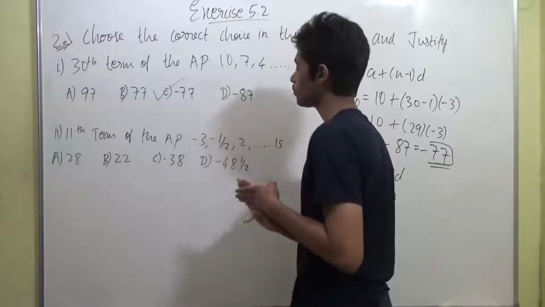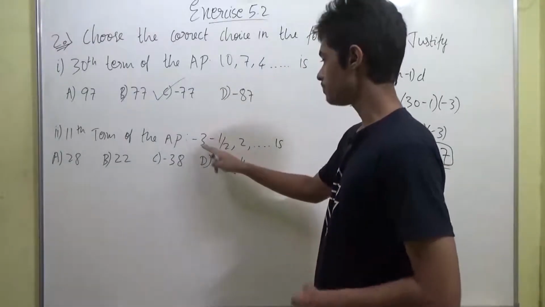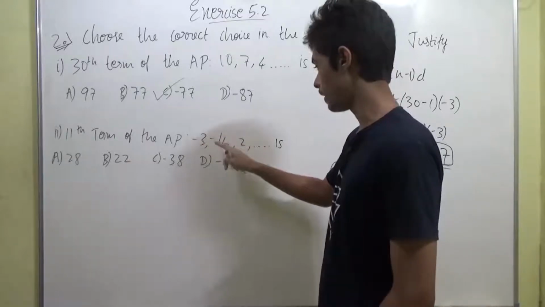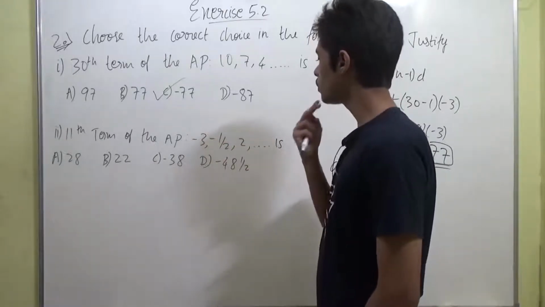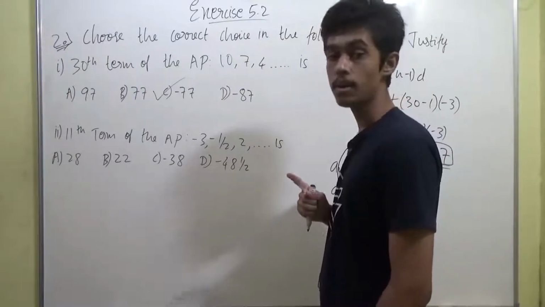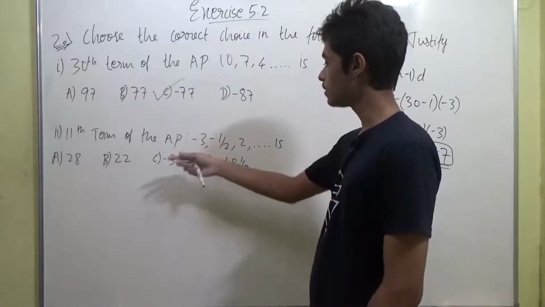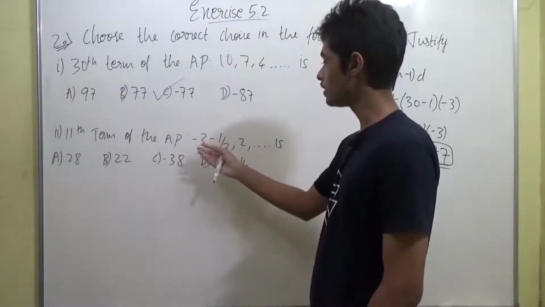Okay guys, now the challenge is to find d. So here if you see, guys, it's like 3 minus half 2. So if you see the difference, guys, the difference is plus 2.5. Getting it, guys? The difference between these two terms is plus 2.5, because that is the common difference.